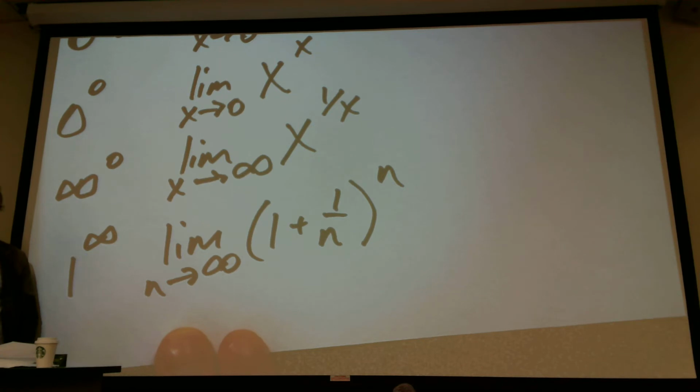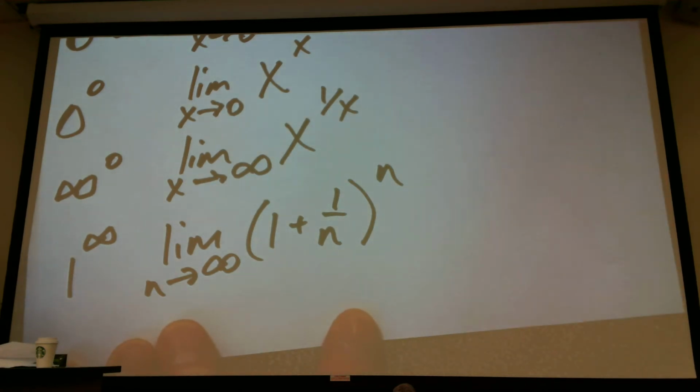And so the interior looks like 1, basically. But you've got that exponent going to infinity right there. A lot of people would assume this just equals 1. That's not true. I can actually make this equal whatever I want to. This guy right here comes out to e to the 1.